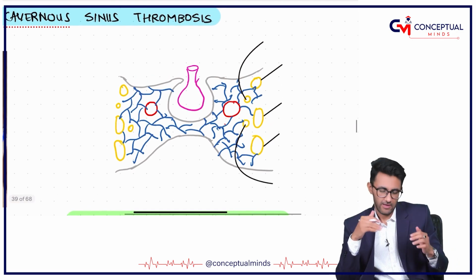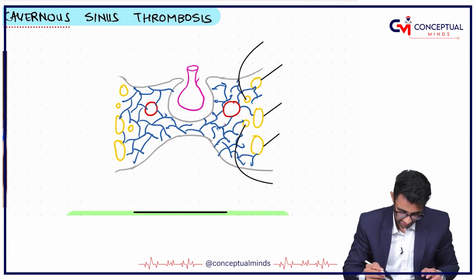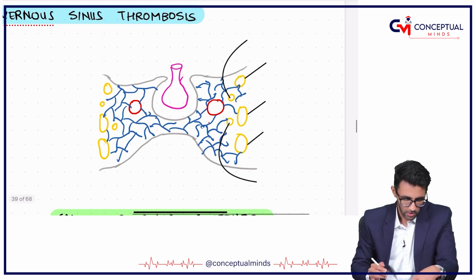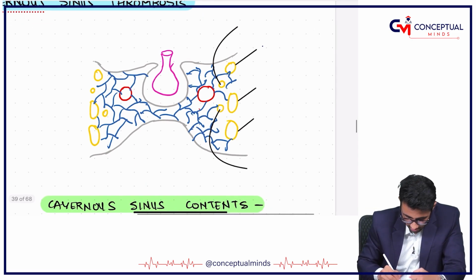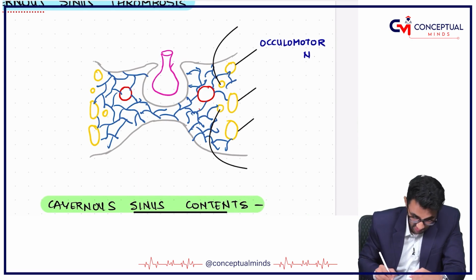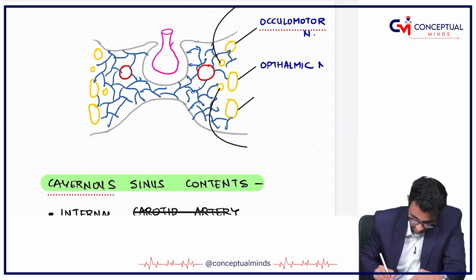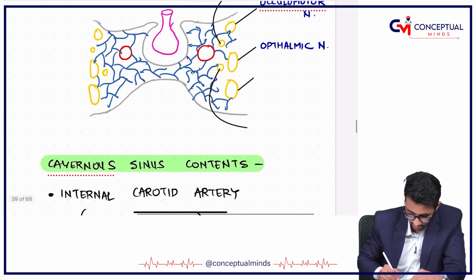I have made a list below this diagram as well, so let us try to label them one by one. The first one over here is the oculomotor nerve. The next one is the ophthalmic nerve, and the bottom one is the maxillary.